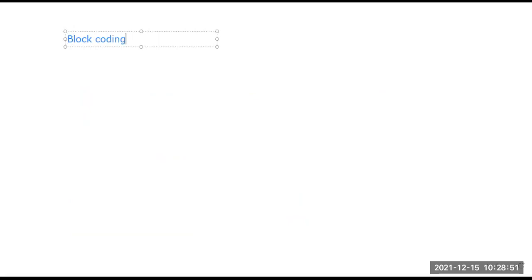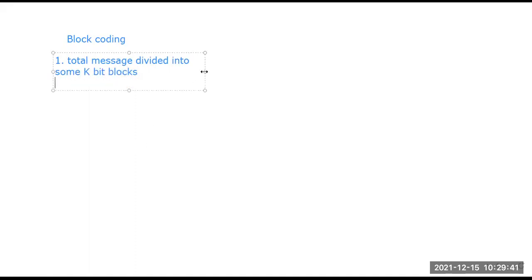First, block coding. In the process of block coding, the whole message sent by the sender is first divided into some k-bit blocks.